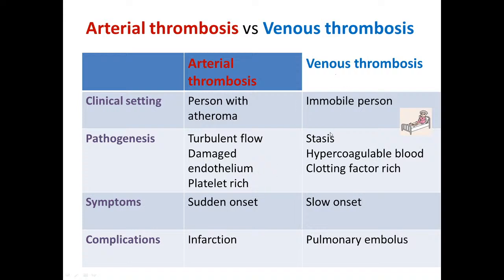Venous thrombosis pathogenesis is stasis, hypercoagulable blood, and is clotting factor rich. As for symptoms, arterial thrombosis has sudden onset, venous thrombosis has slow onset. And complication: arterial thrombosis leads to infarction, and venous thrombosis complication is pulmonary embolism.